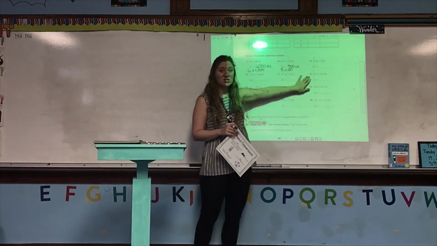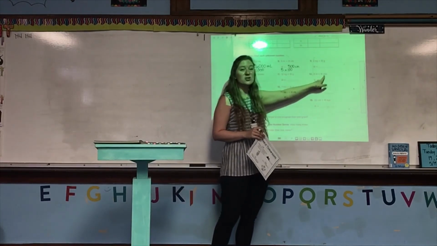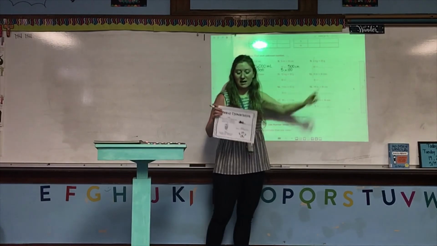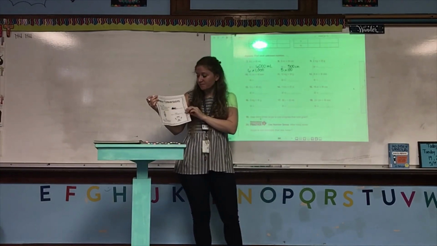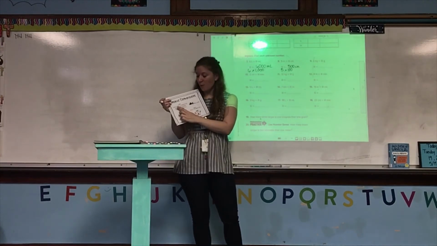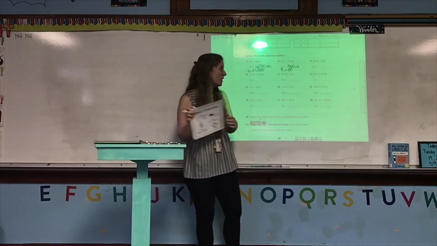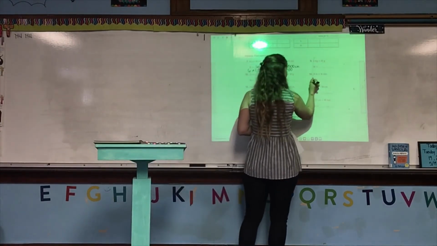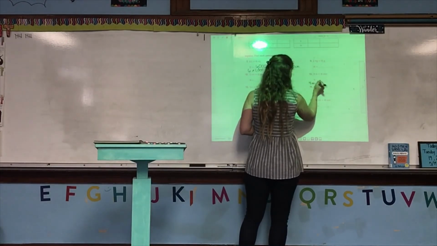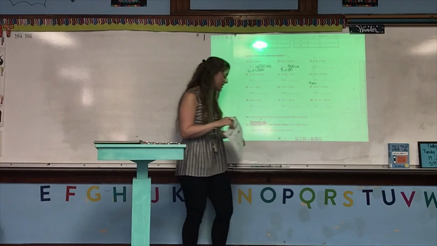Okay, so now let's look at number 12. We have 4 meters, and we're trying to figure out how many millimeters that is. Well, on our chart, we know that 1 meter equals 100 centimeters, but we don't know how many millimeters are in 1 meter. So what that means is that first we have to convert that 4 meters to centimeters.